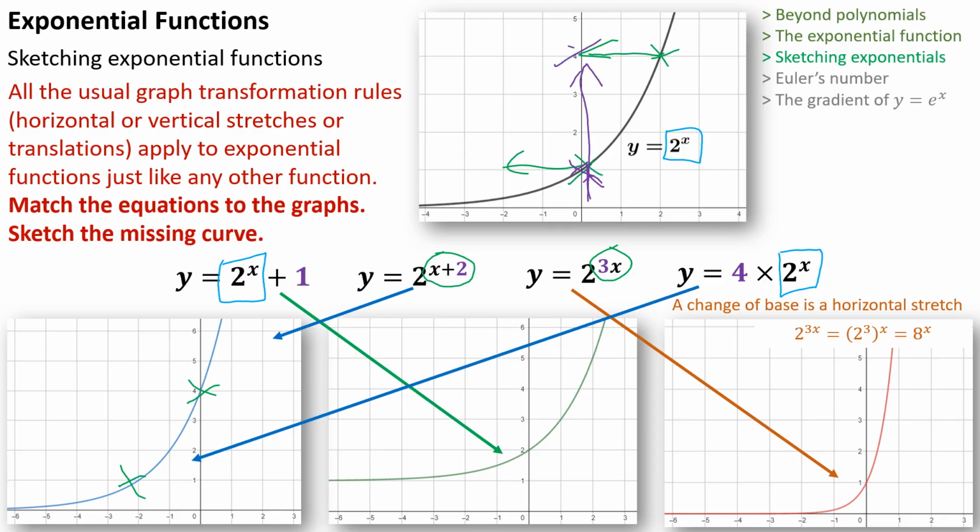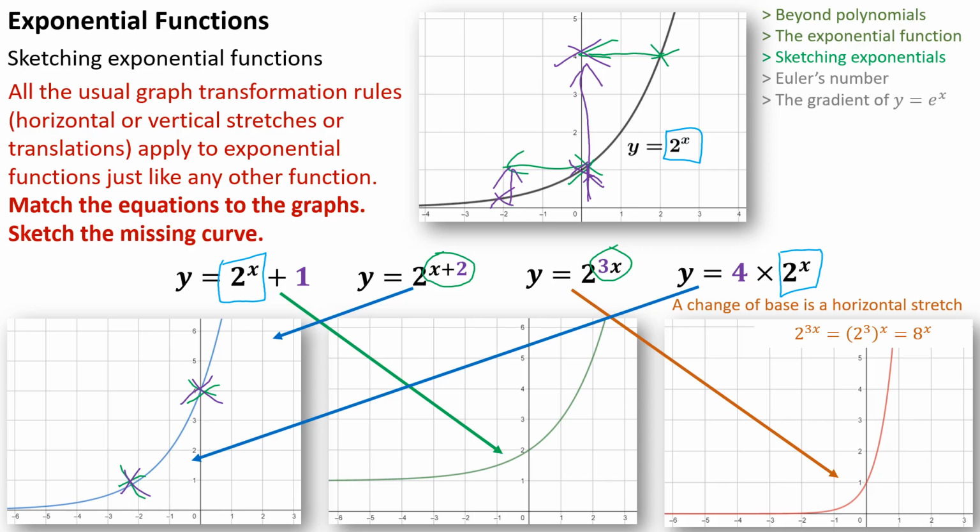So it's going to end up at the point 0, 4. And then if you pick any other point, like the point minus 2, 1/4, and you stretch that so it's 4 times further from the x-axis, that ends up at the point minus 2, 1. So exactly the same points, but from different places. Those two curves are identical.